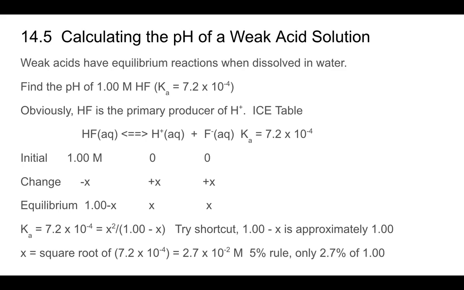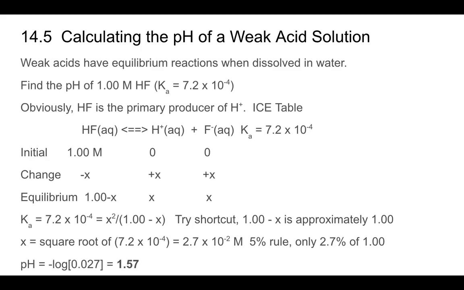That does obey the 5% rule, because 2.7 times 10 to the minus 2 is only 2.7% of 1.00. So we find the pH by taking the negative log of the H plus, which is X, so that's negative log of 0.027. So your pH would be 1.57.